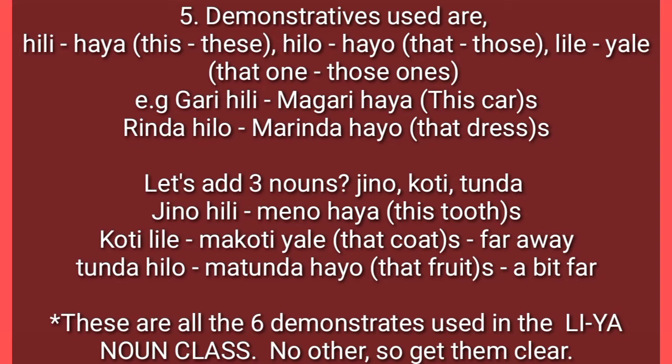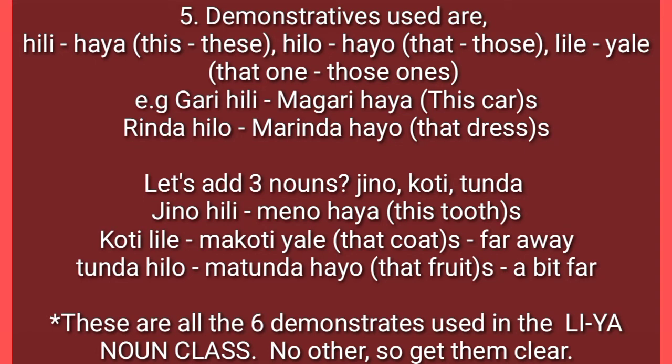Number 5, with demonstratives. So we are giving all the 6 demonstratives used in the li ya noun class. We have hili and haya, these and these. Hili singular, haya plural. Hilo and hayo, that and those. Hilo singular, hayo plural.